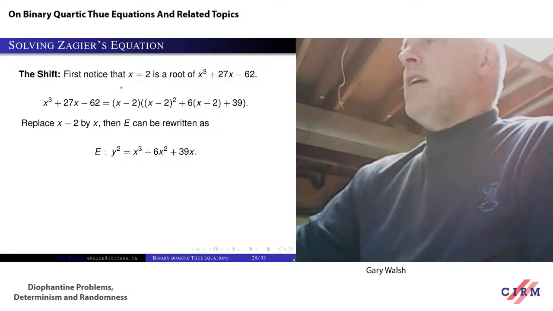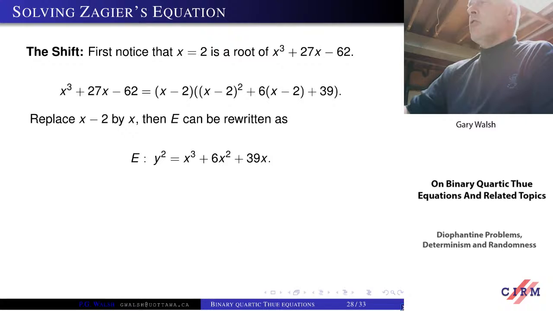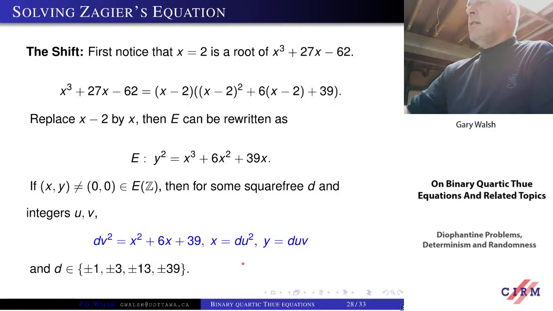So first notice again that we have x equal 2 as a root. So we do the shift and we get the curve that I defined earlier. For this curve, we just factor out the x and notice that the greatest common divisor of x and the cofactor has to divide 39. So for a point other than (0, 0), we get integers u and v satisfying these 3 equations, and d is one of these numbers.